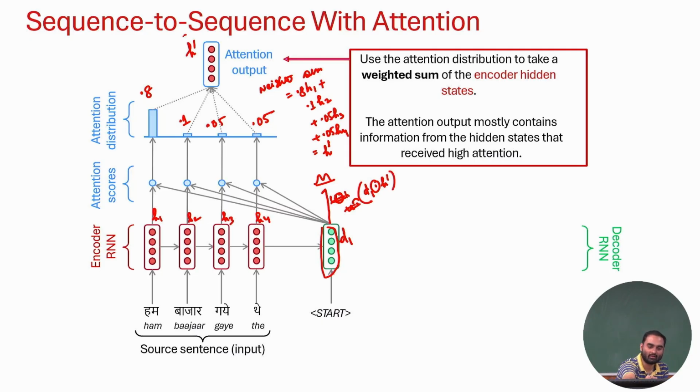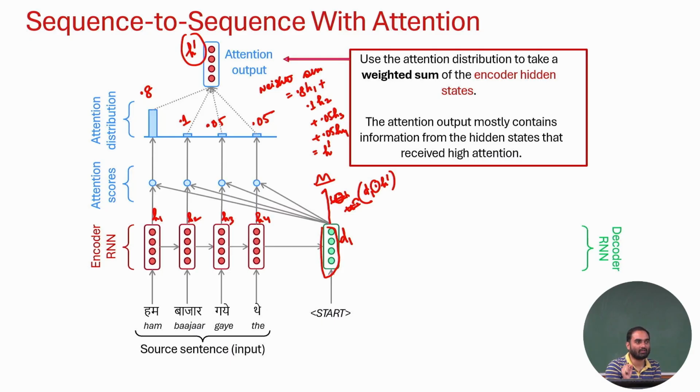I will concatenate the attention output and the first decoder state representation, and then I feed it to U. So the size of the U matrix will increase. Okay, and then we follow the same process.